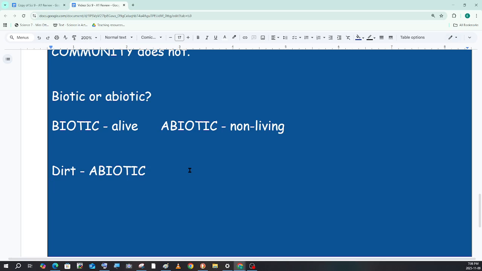All right, so the next one, water. Again, abiotic, right? And just like the dirt, yeah, stuff lives in the water, but we're talking about the water itself, the H2O. That in and of itself is not alive.